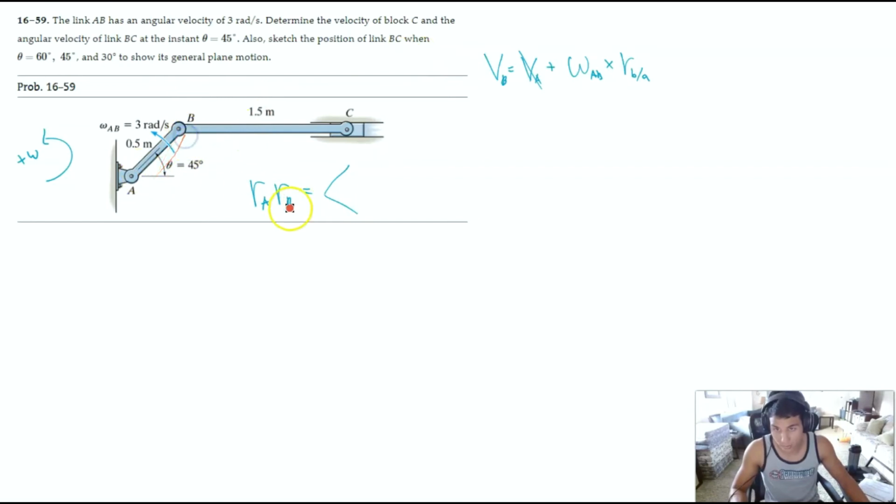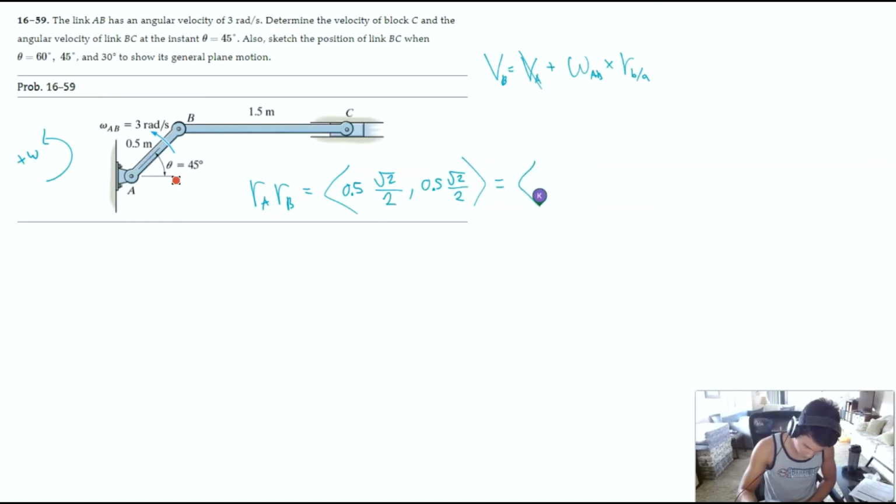So then you write this position vector. What's this? So you go from RA to RB. And you'd see that that's 0.5 cosine 45, which is root 2. And then the other one is the same thing. So 0.5 root 2 over 2. And I'll simplify this a little bit.